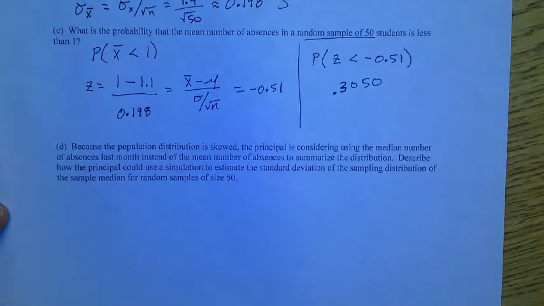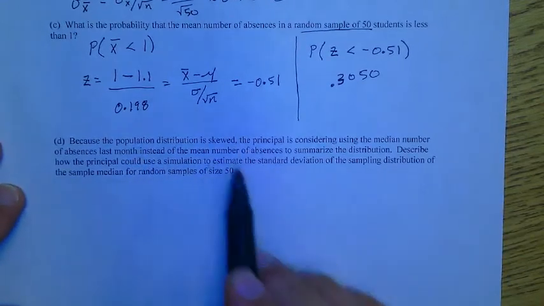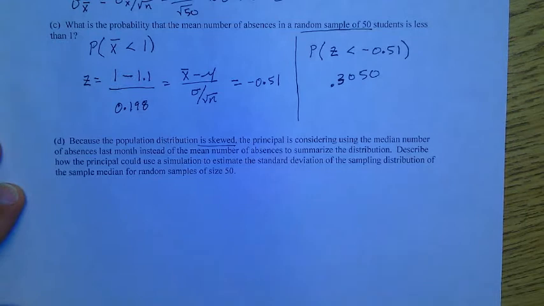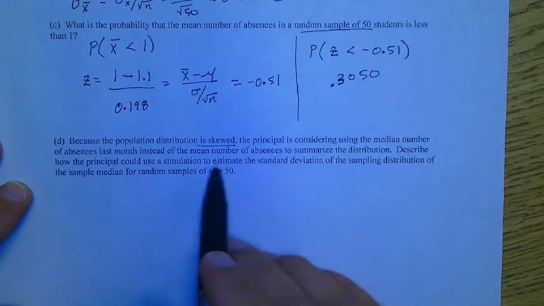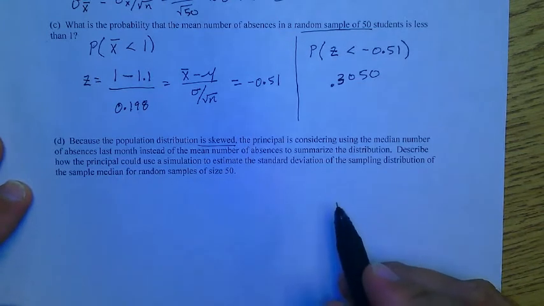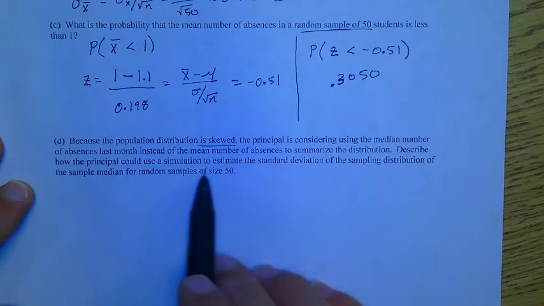For this last portion, we know that the distribution is skewed. The principal is considering using the median number of absences rather than the mean because of that skewness, so we'll ask how they could use a simulation to estimate the standard deviation.